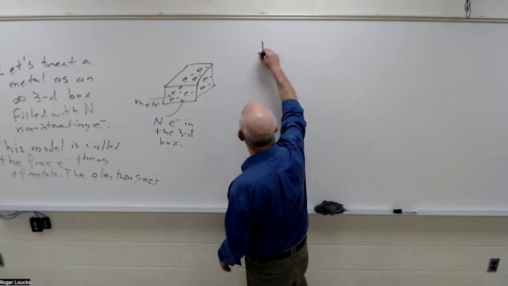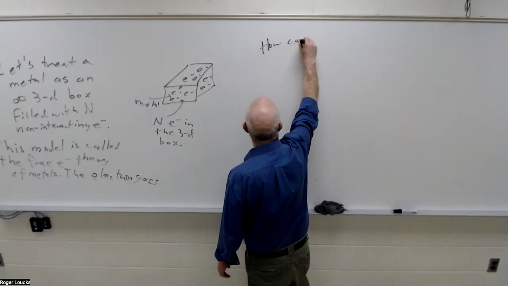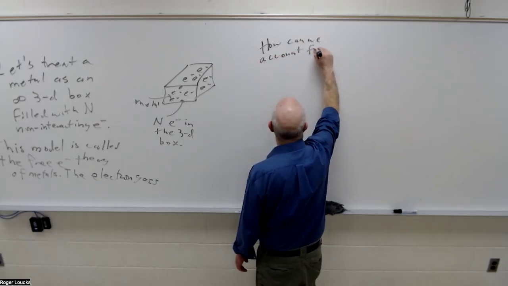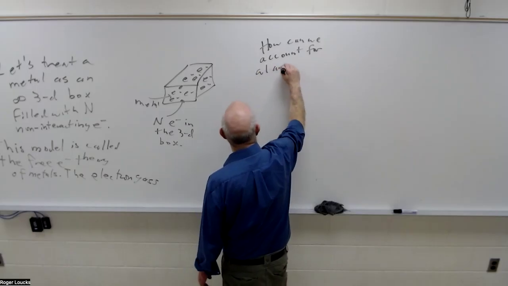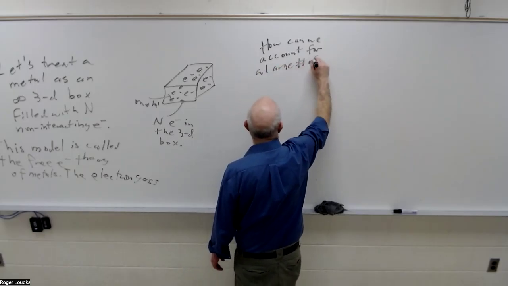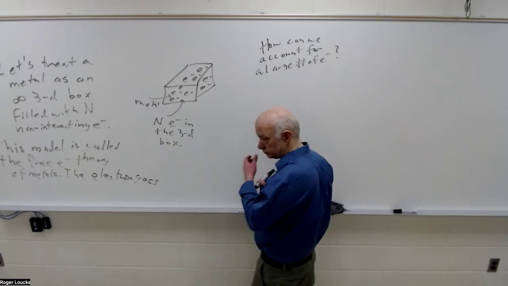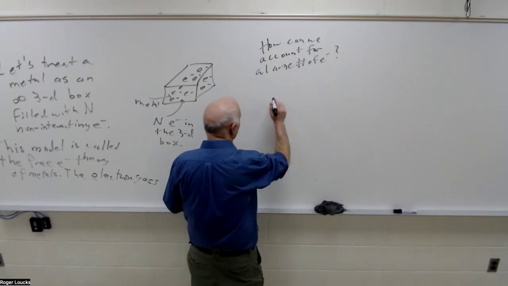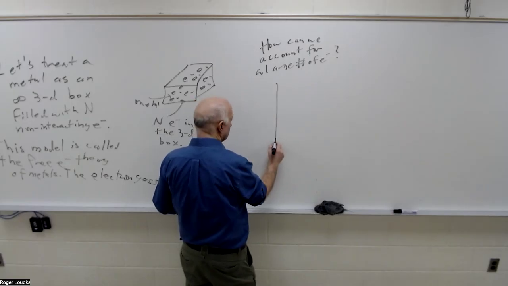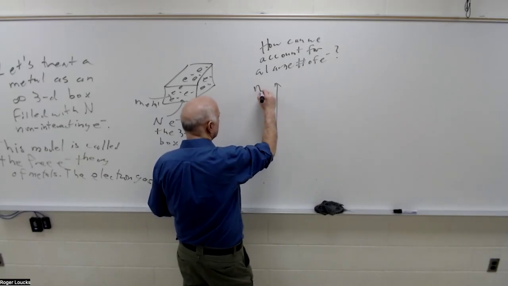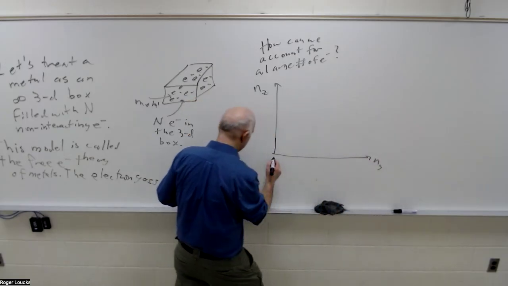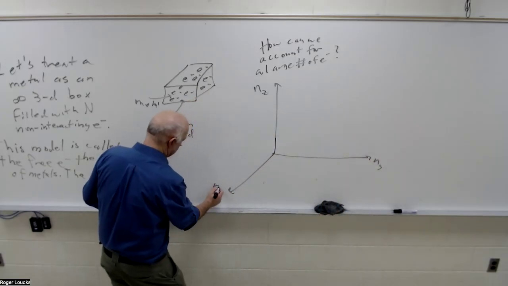So how can we account for a large number? This is what we're doing. This is absolutely beautiful. I'm going to plot nz here, and ny here, and nx here.